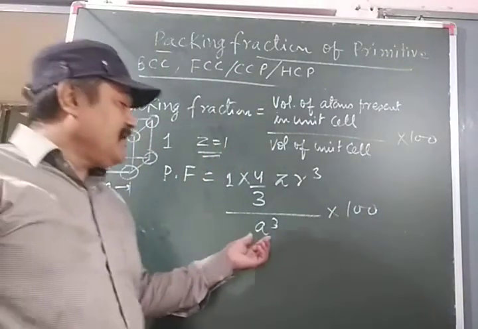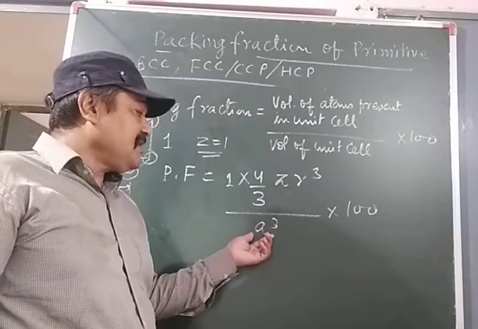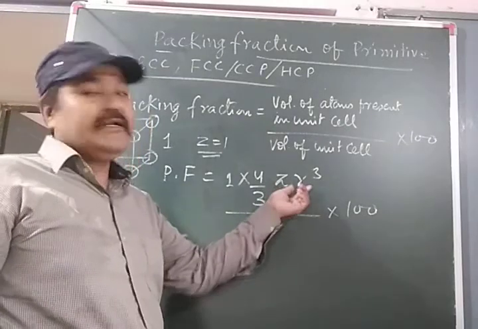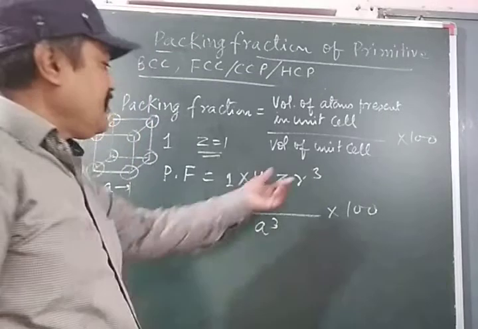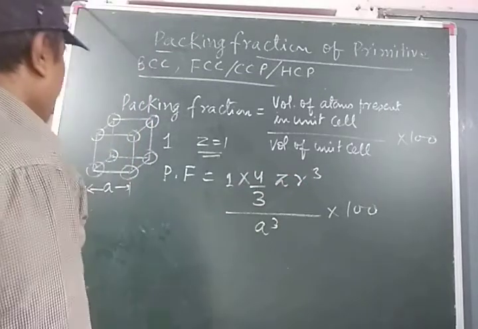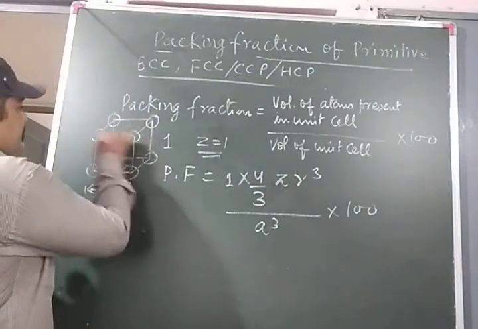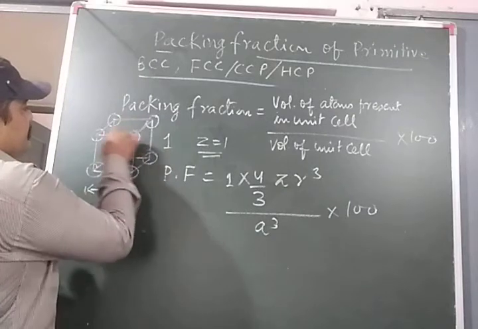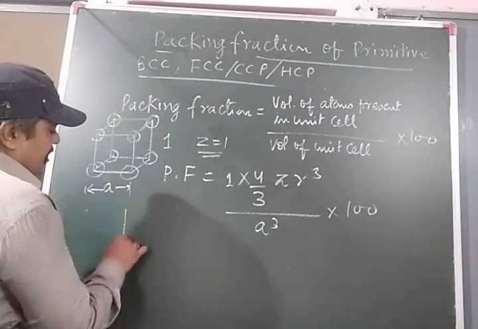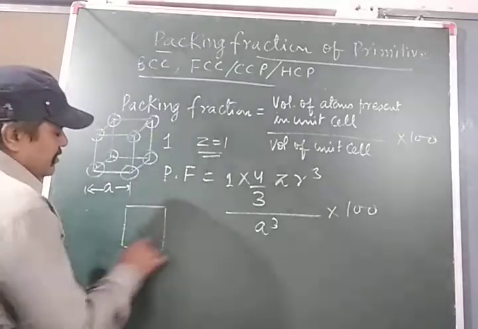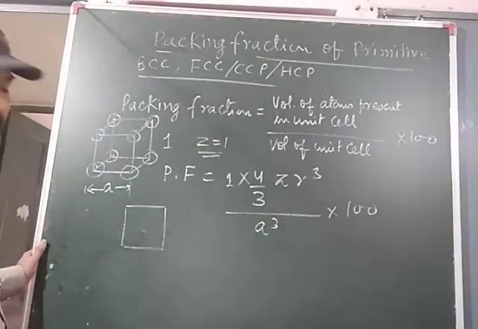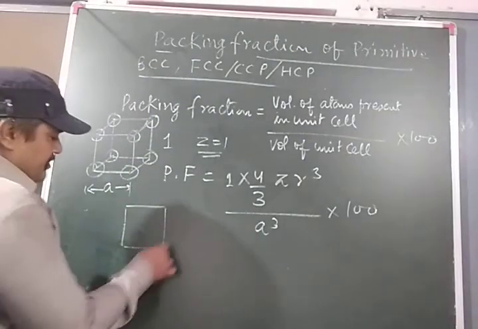Now we have to find out the relationship between the edge length and the radius of the sphere, or radius of the atom. Okay, this can be understood from this one. Suppose I am taking the front view of one face for the primitive unit cell.